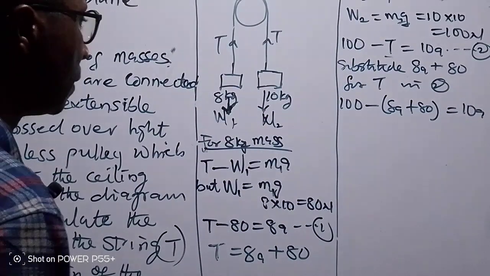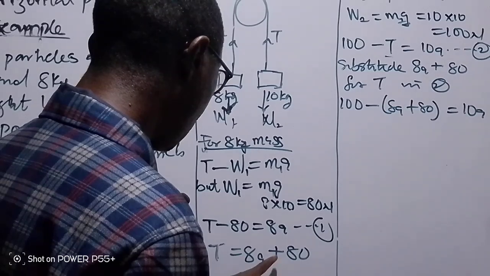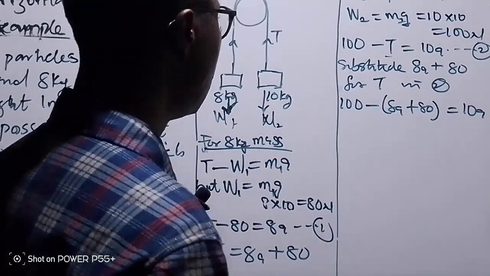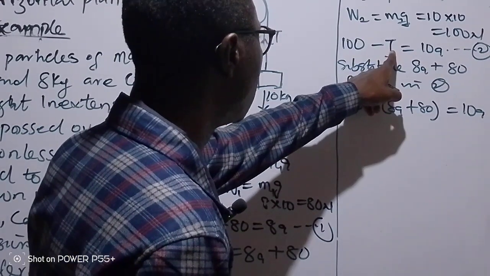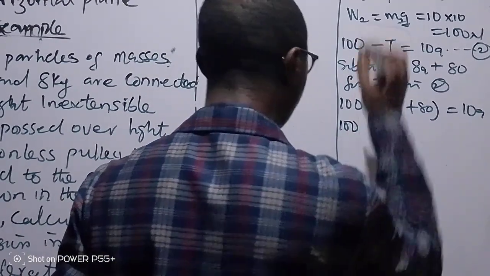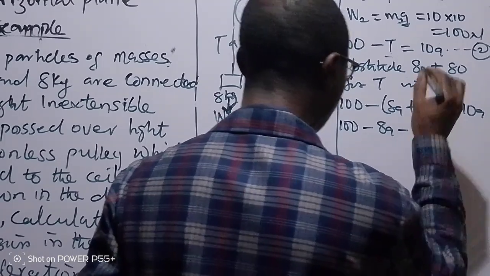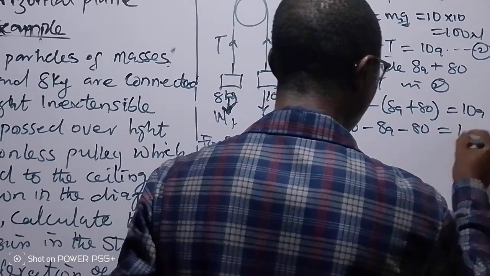Open the bracket now, since our T here is 8A plus 80 and we want to substitute for T here. Don't forget the minus. We have 80. That will be 100 minus 8A minus 80 is equal to 10A.